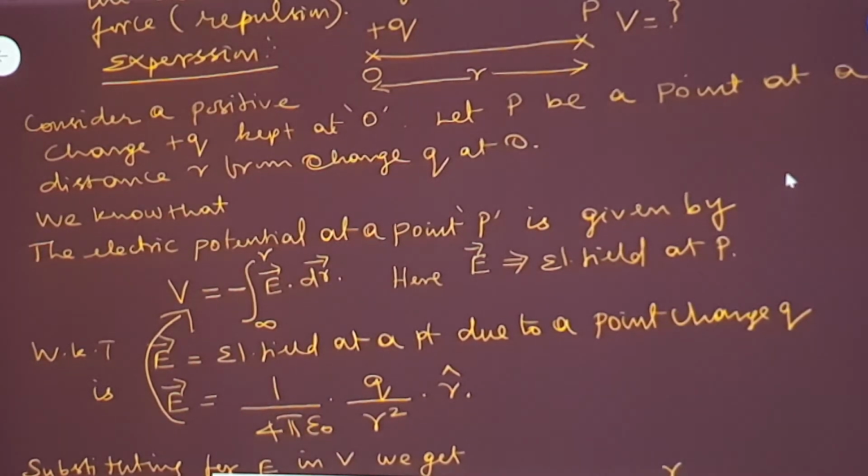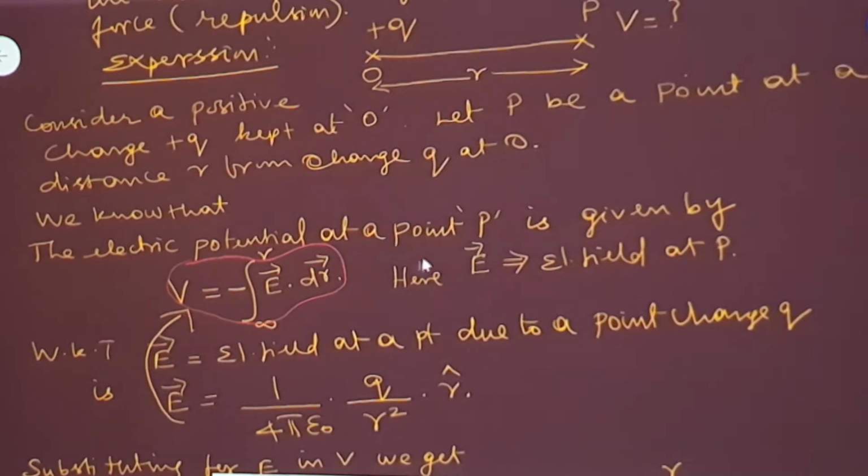So, we know that the electrical potential at P is given by V is equal to minus integral from infinity to R of E vector dot dr vector. This formula we have already studied in our previous video on potential energy, from where we got this potential.